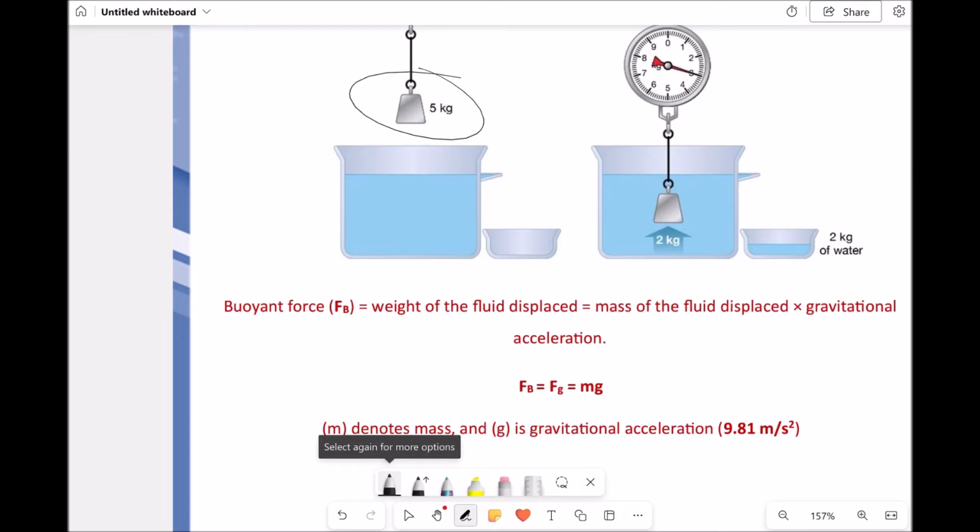If you throw this object inside the fluid, and let's say you have a small opening here, it's going to be pouring into a small container that you have here.